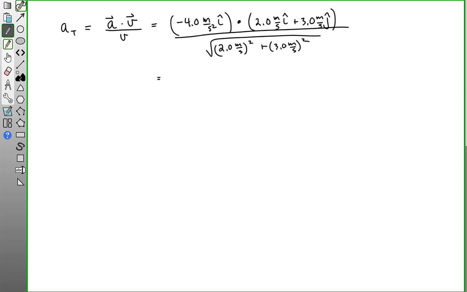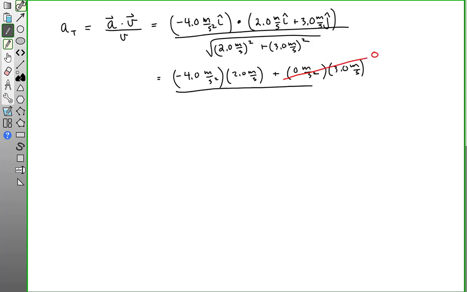Evaluating the dot product means that we take the sum of the products of the components of acceleration and velocity. We see that this last term is 0. And in the denominator, we have the magnitude of velocity, which is equal to the square root of the sum of the squares of the components of velocity.